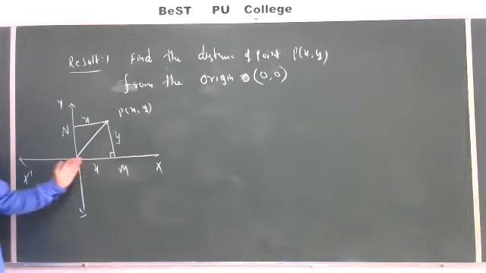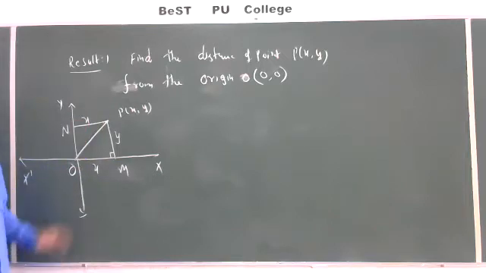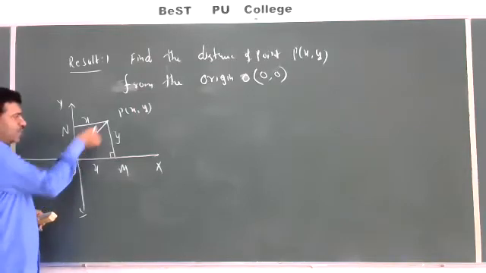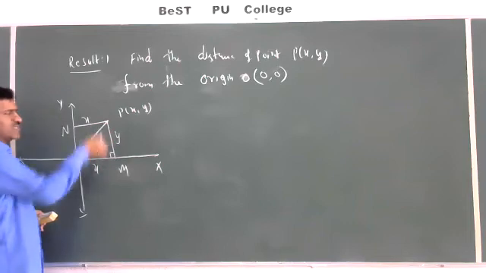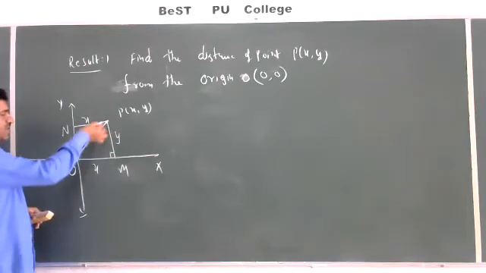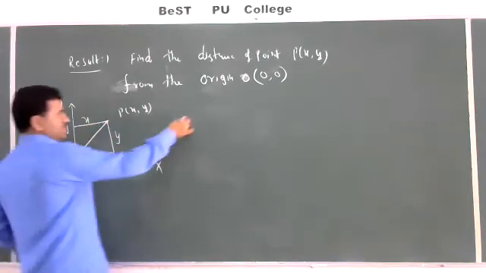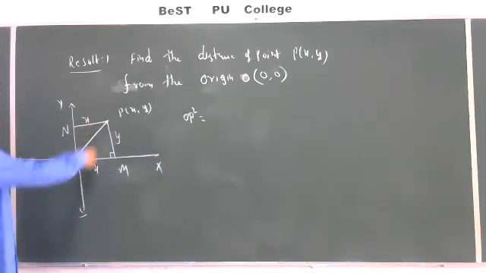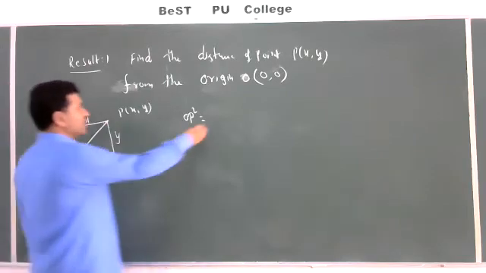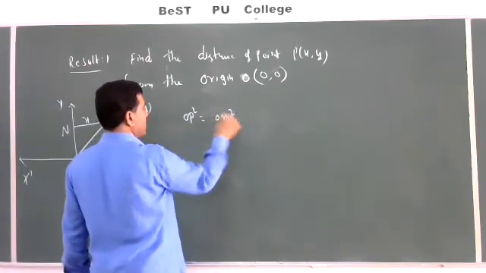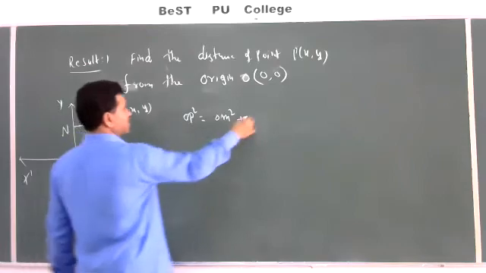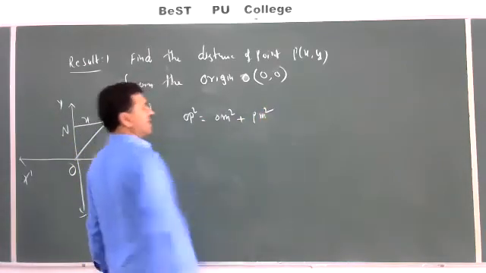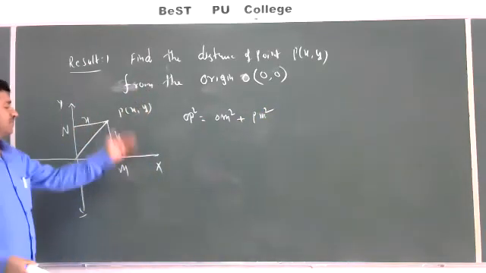In lower classes, in a right angle triangle, what does the Pythagoras theorem say? Hypotenuse squared is equal to the sum of the squares of the other two sides. That is, OP square is equal to OM square plus PM square, from the right angle triangle by using the Pythagoras theorem.